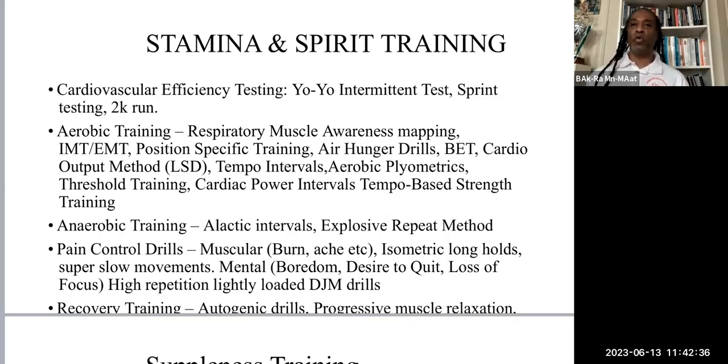These are some of the tools for aerobic training. Respiratory muscle awareness mapping. That is being able to use all your respiratory muscles effectively, because respiration is a muscular activity, right? And many people don't use all their respiratory muscles, so their respiratory efficiency is very poor. IMT and EMT: IMT is inhalation muscle training, EMT is exhalation muscle training.